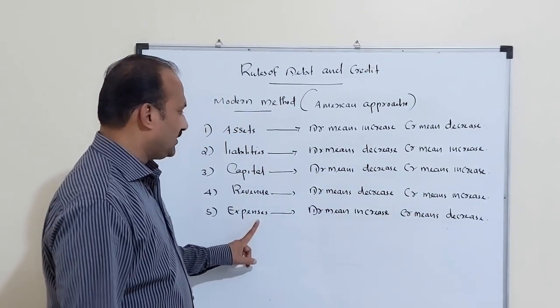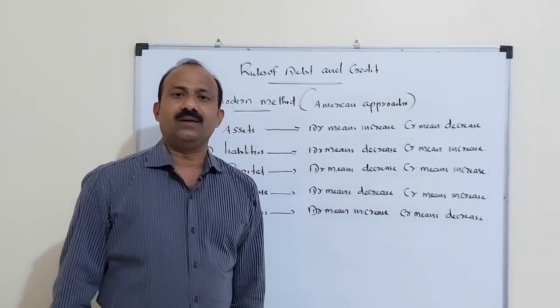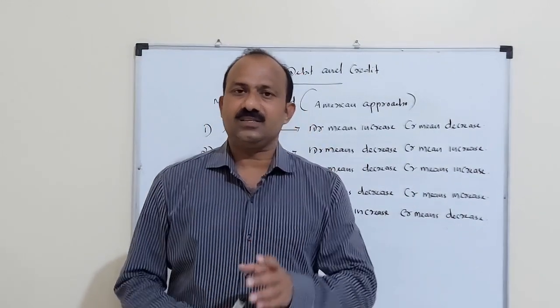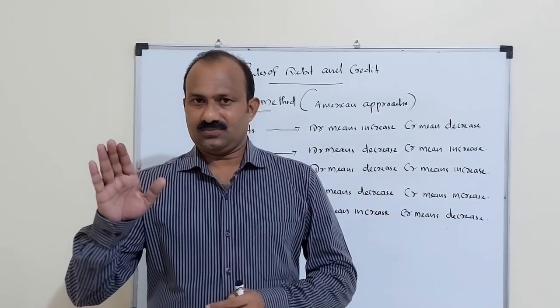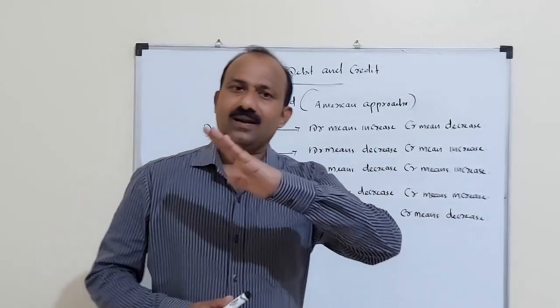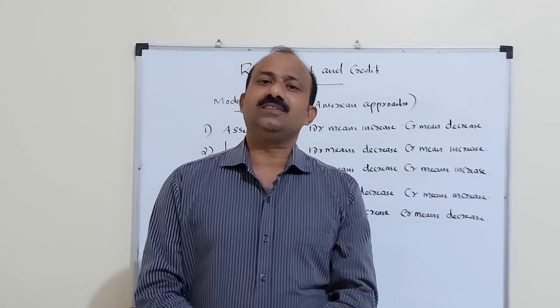In the case of expenses, debit means increase and credit means decrease. In short, in simple terms, we can say all expenses and losses are always debited. All assets are always debited. All incomes are always credited.